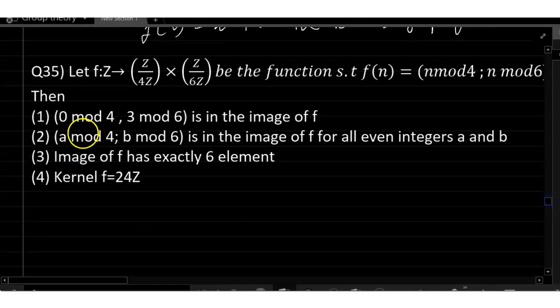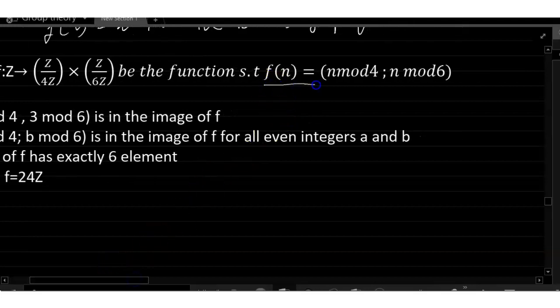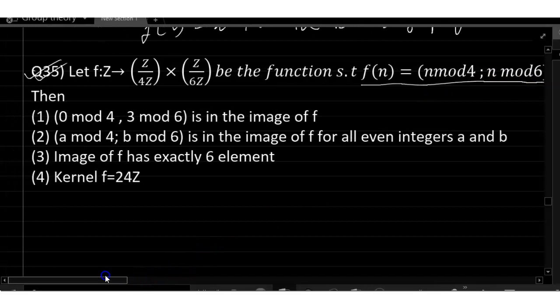Now question number 35. Let f from Z by 4Z to Z by 6Z be the function such that fn is equal to n mod 4, n mod 6. Then 0 mod 4, 3 mod 6 is in the range of f.